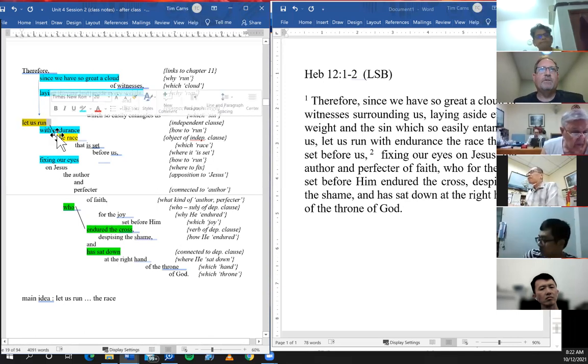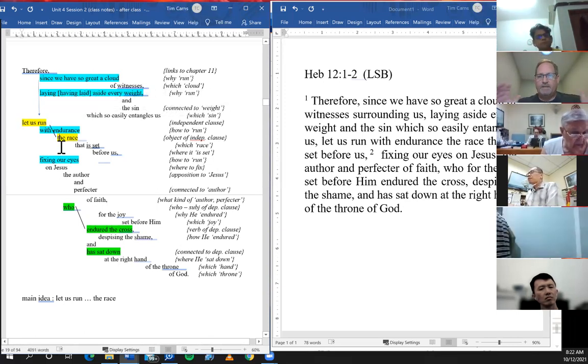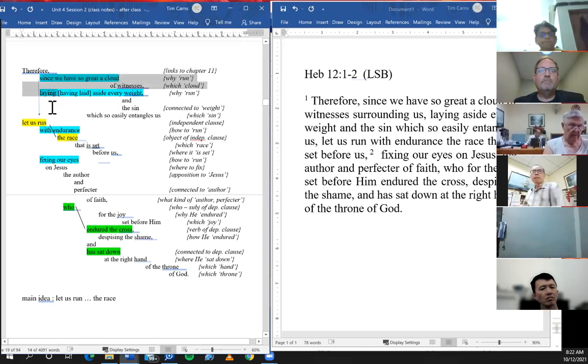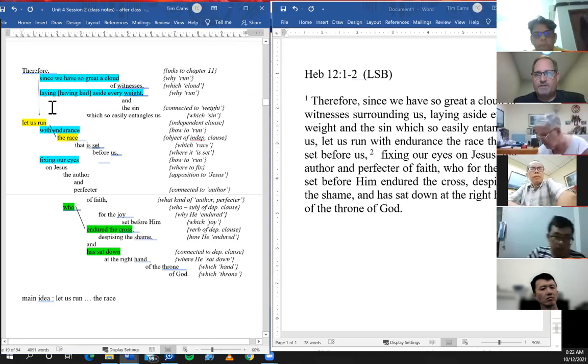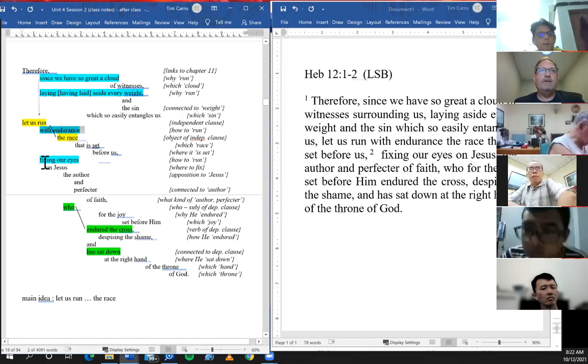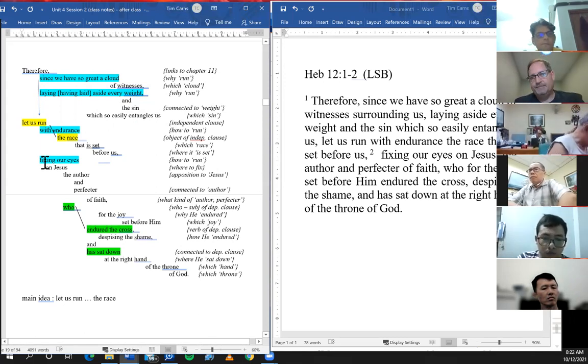We have "let us run the race" as the main idea, since it's the independent clause. Then we have two modifying phrases and clauses before it, and I believe they describe why we run. And then we have two modifying phrases after the command that tell us how.